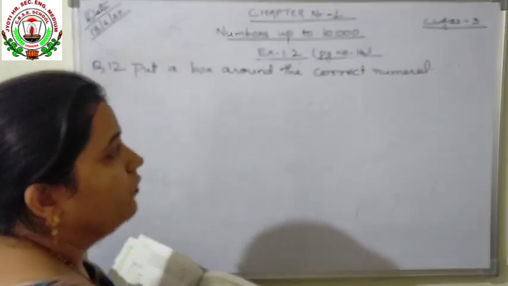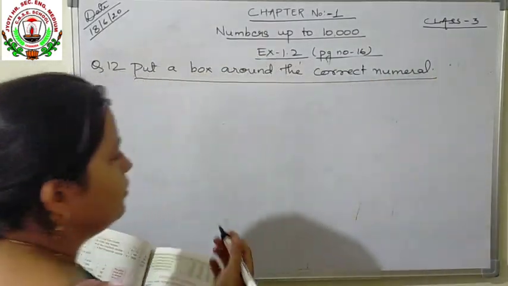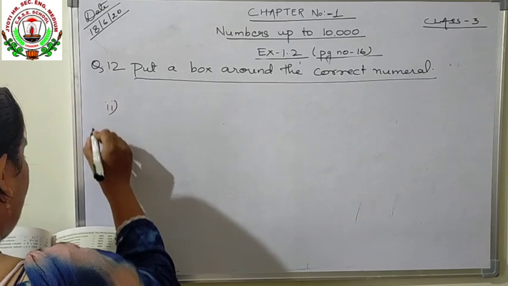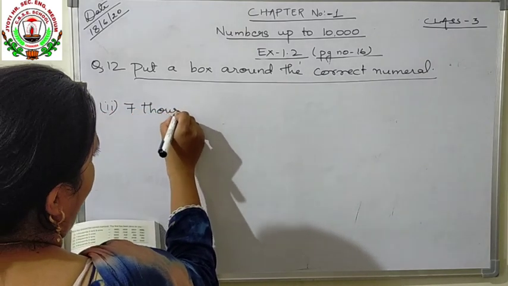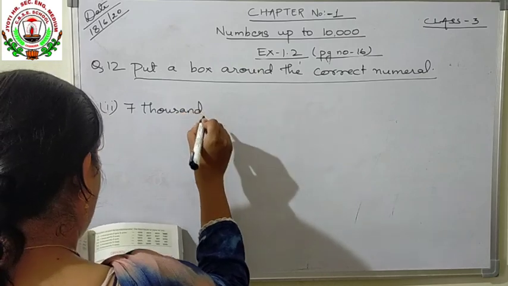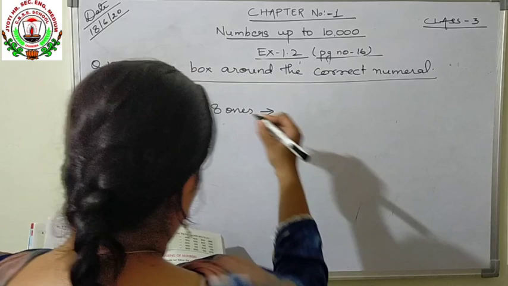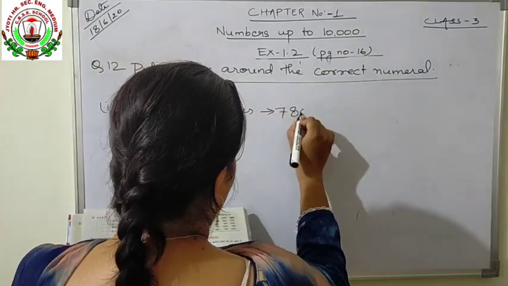Okay. You have to put a box around the correct numeral. First question has been solved for you. Moving on to question number 2. Number 2 is 7,008 ones. This is given, and in front of this a few numbers are given.